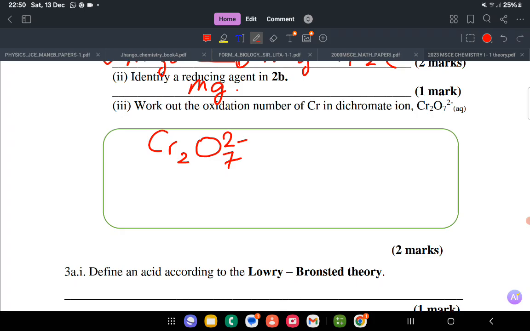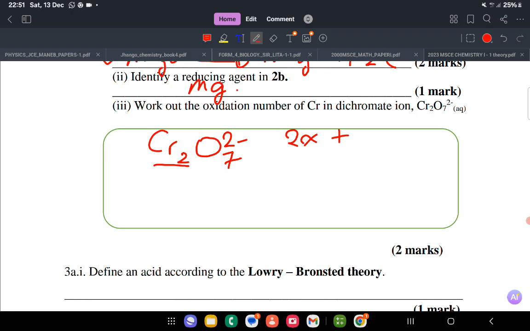Let's say that the oxidation state for chromium is x. So we shall have 2x plus that on oxygen, which we are already taught is 2 minus.